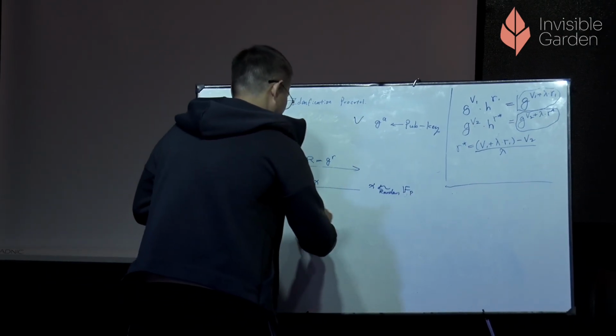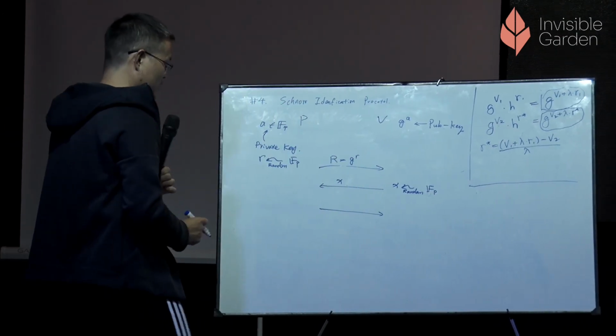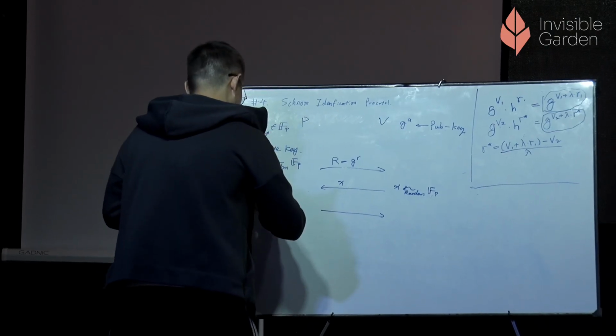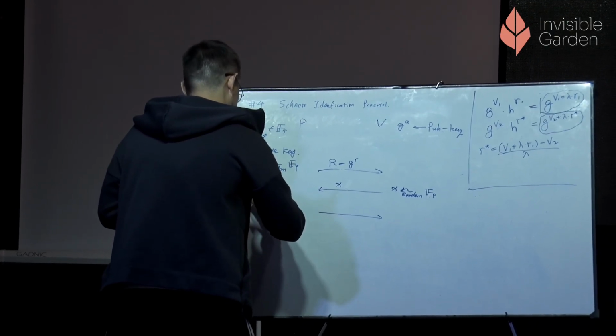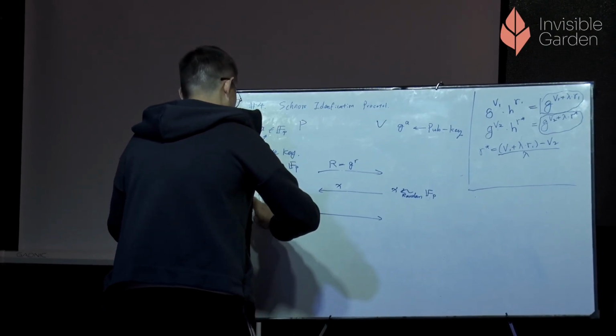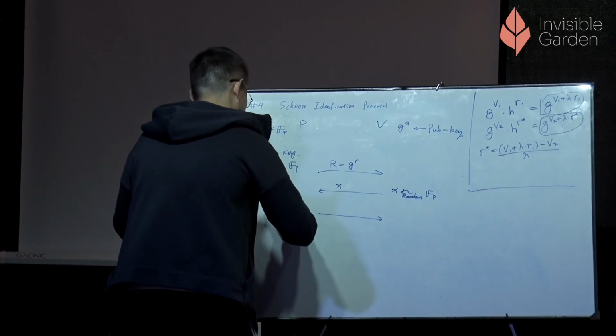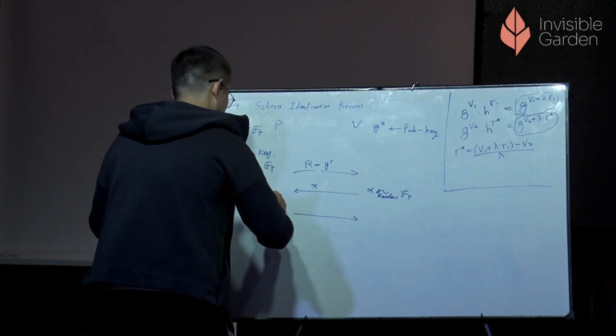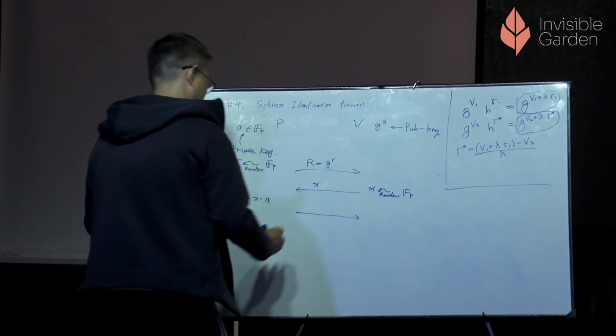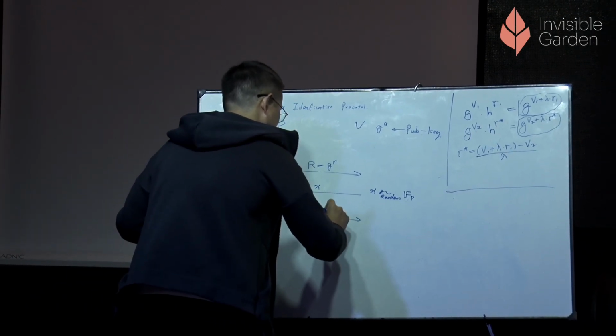And then the final step, the prover will send Z equals R plus X times A. Send Z here to the verifier.